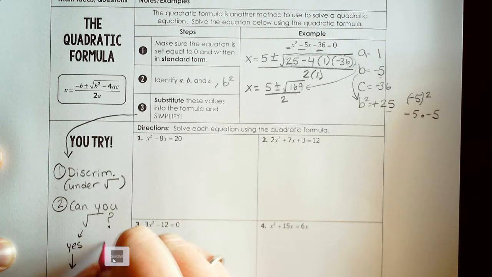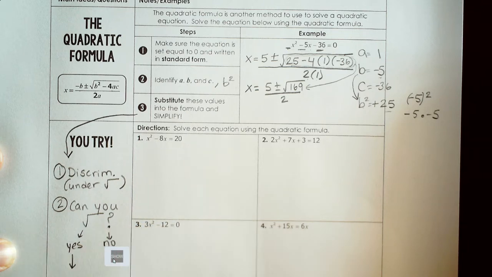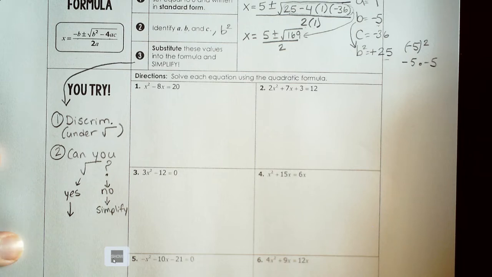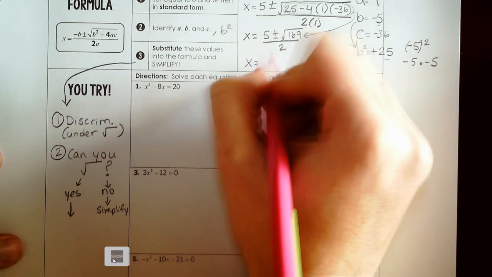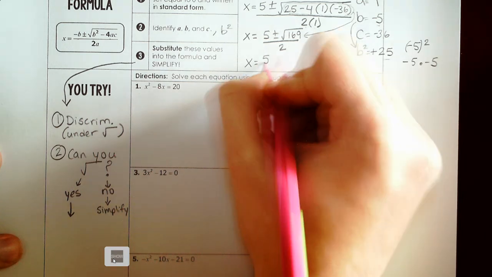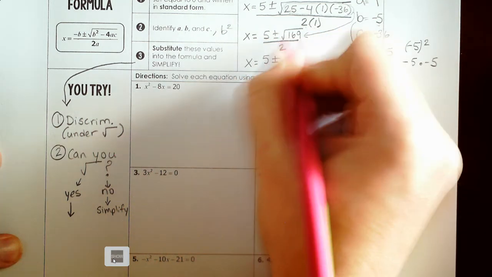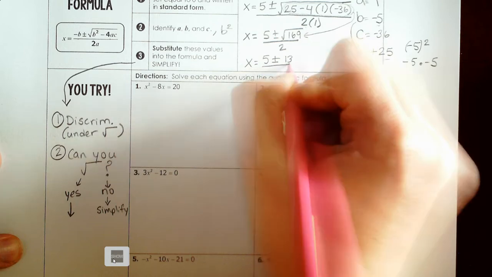If it's no, then you have to simplify, where you break it down and look for pairs. So this one did, so it's x equals 5 plus and minus, and then the square root of that was 13 over 2.